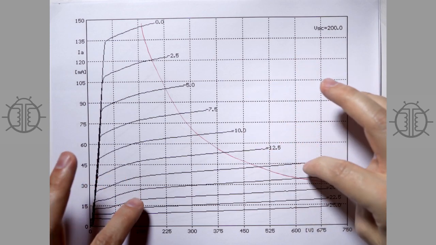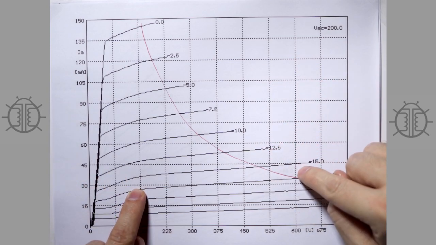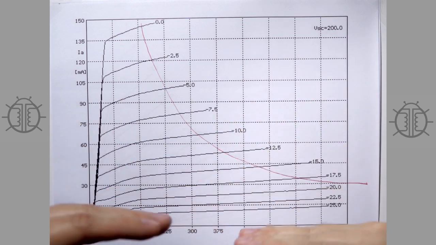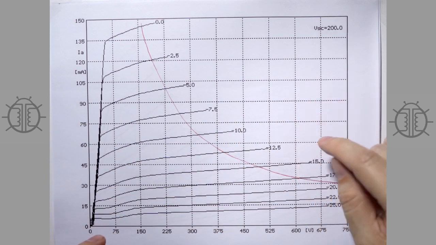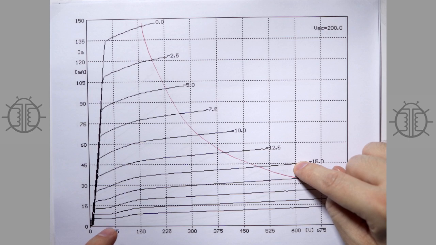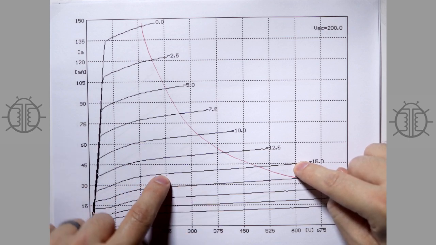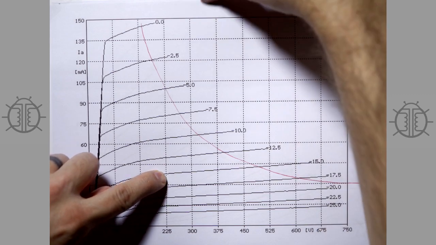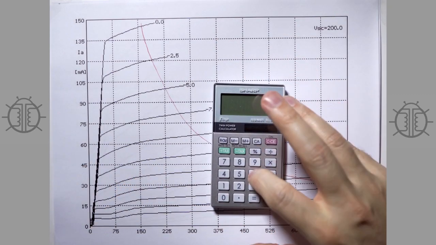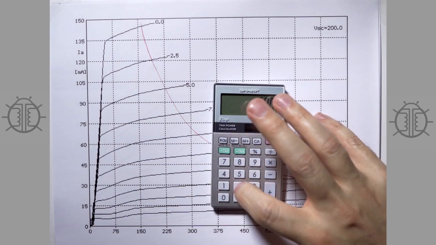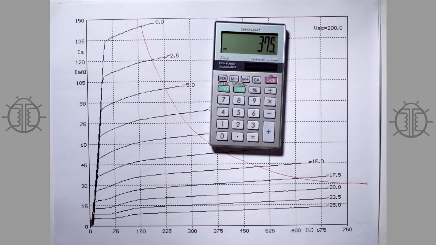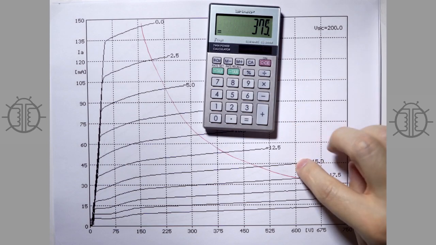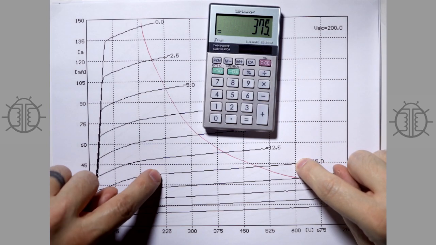It's very difficult to determine now because the curves are so slight. The difference between these is 15, so this is about halfway, 15 milliamps, and it's the difference between 600 and 225 volts. So 600 minus 225 equals 375 volts.